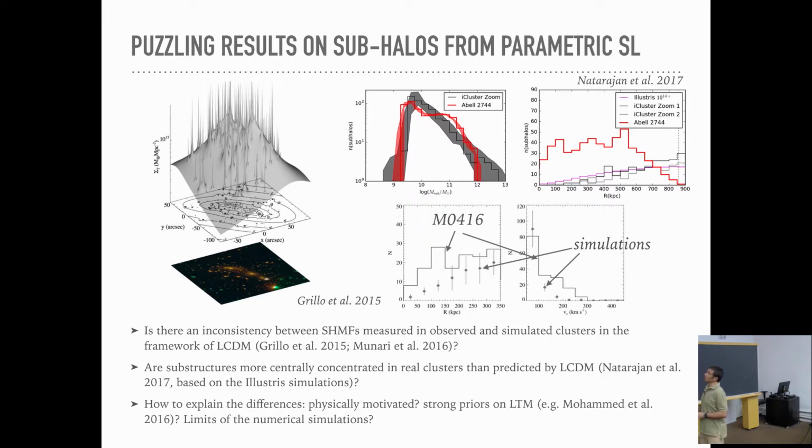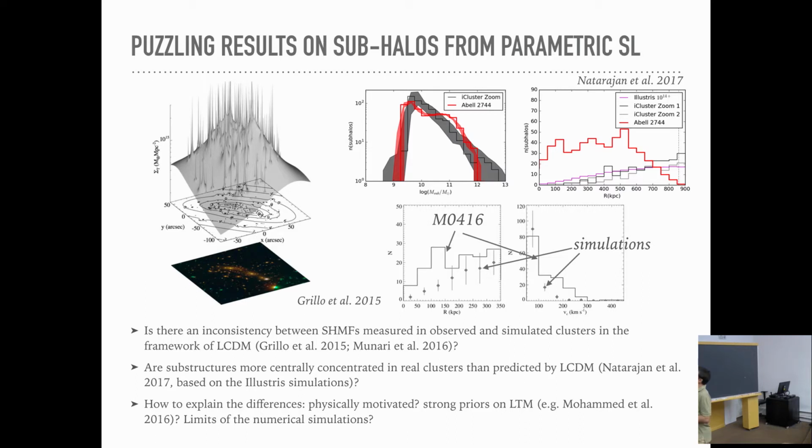Okay, so here I want to report the results of a couple of papers where we have noted that there might be a problem with the shape of the mass function that we measure compared to what we typically find in simulations, in the sense that there might be an excess of massive subhalos in the cluster that we have reconstructed compared to what we see in simulations, what is predicted by theory.